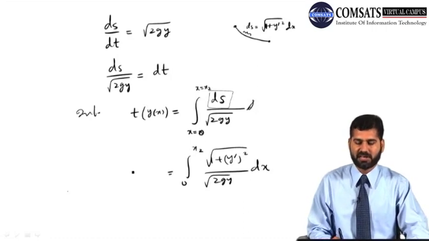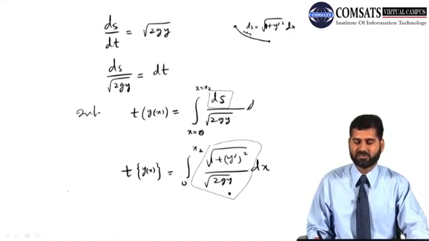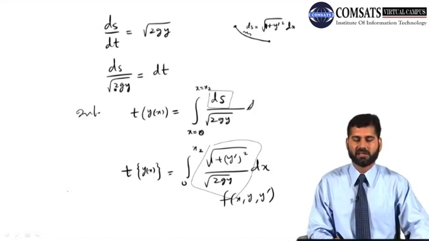So this is your general, again, integral variational problem. So this function is your f of x, y, and y prime. So considering this, you can find the Euler-Lagrange equation and solve that.